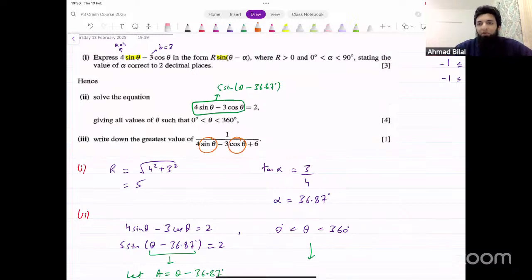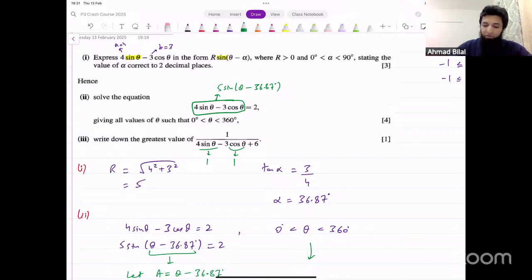We cannot find the range of a trigonometric function unless we have only one function there, because we can't input some value of both functions at the same time. For example, we can't say, let's input sine theta equal to 1 and cos theta equal to 1, because they are not equal to 1 at the same instant. Sine theta is 1 at some other point and cos theta is 1 at another point.